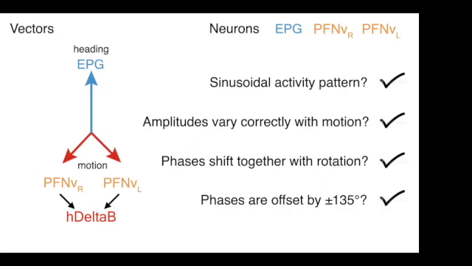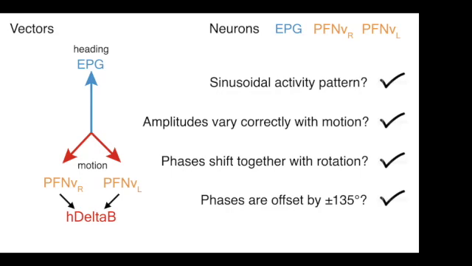Just to remind you that these vectors seem to be represented by sinusoidal activity patterns across these structures. Their amplitudes vary exactly as they need to vary to represent the different projections of motion. They shift together in phase, which couples them to the external world.